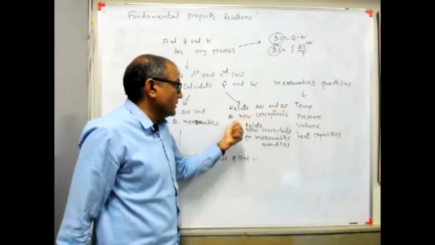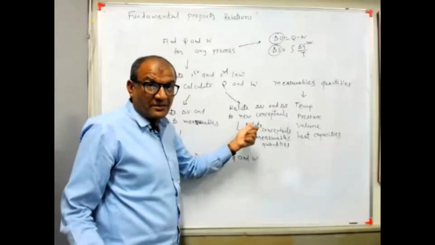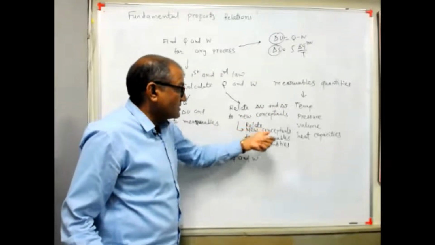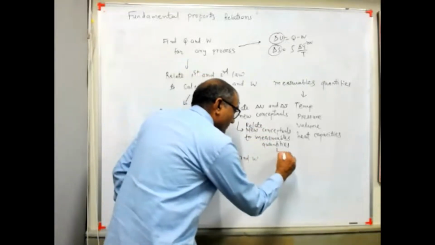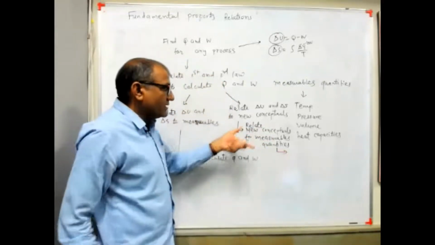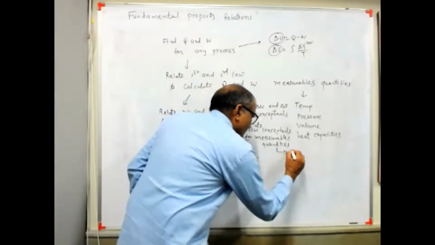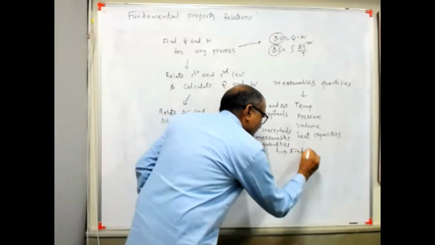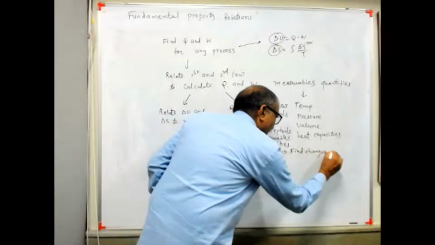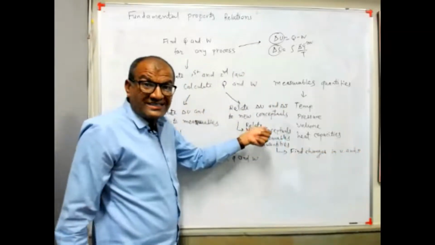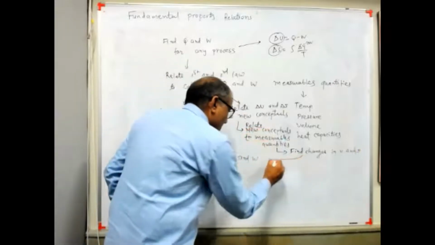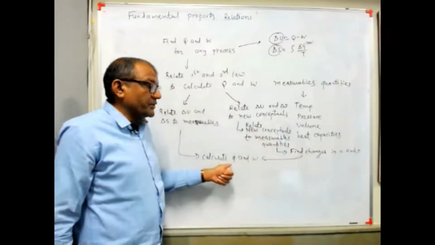When you relate delta U and delta S to new conceptuals, then relate these new conceptuals to measurable quantities, and then the last step, when you relate this, find changes in U and S using these new conceptuals, and those changes then can be used to calculate Q and W.